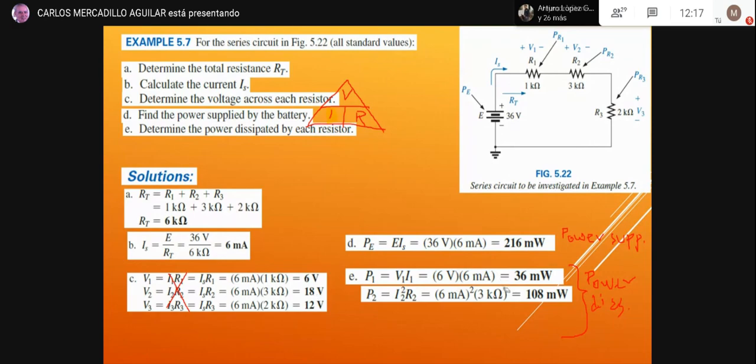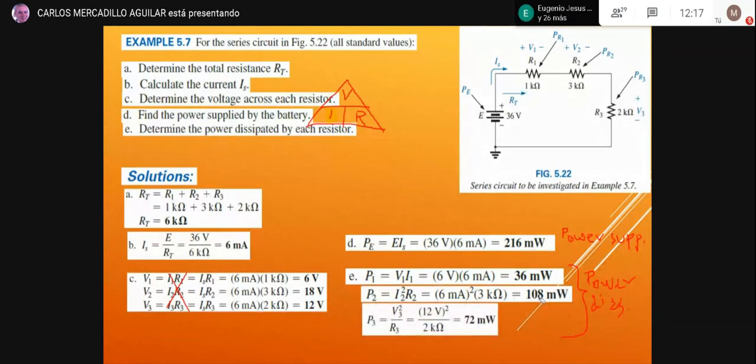Pues debe dar 108. Podemos haber usado esta misma fórmula, pero para ejemplificar, vamos a usar esta otra fórmula, la de I cuadrada por R2 en este caso. So 6 squared times 3. 6 squared is 36, times 3 comes out with 108 milliwatts.